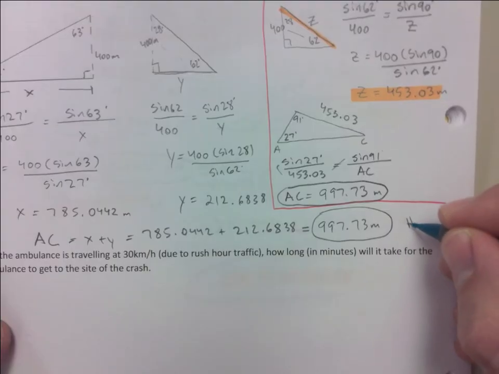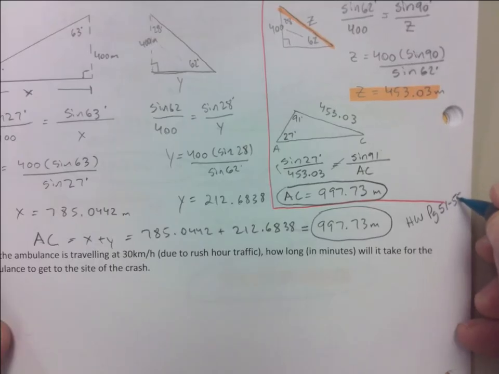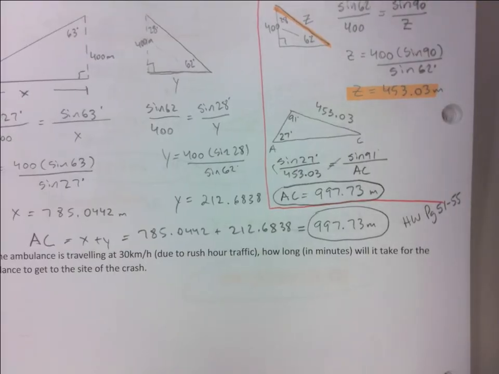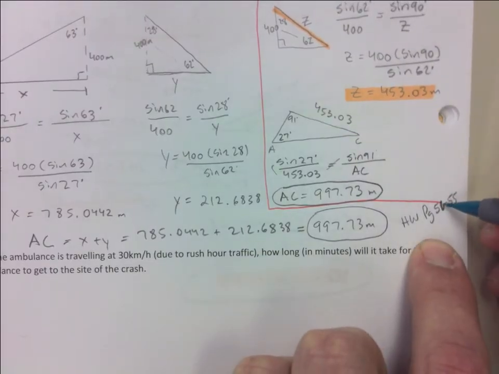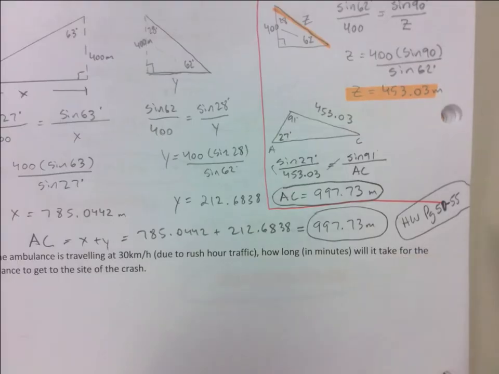So homework, pages 51 to 55. You know what? I'm going to start at 50. I wonder, did I say 50 to begin with anyways? 50 to 55. I will say this. At the very least, you should do the whole thing, 2 questions for sure. But on top of that, I would say sketch every single one. Okay, sketch it. I will post the key so you can check.